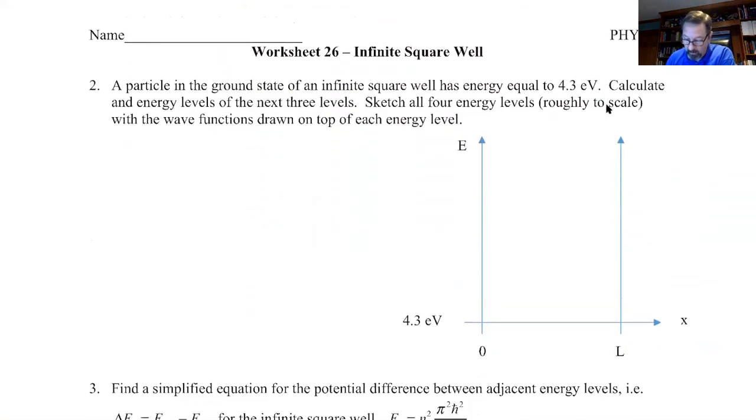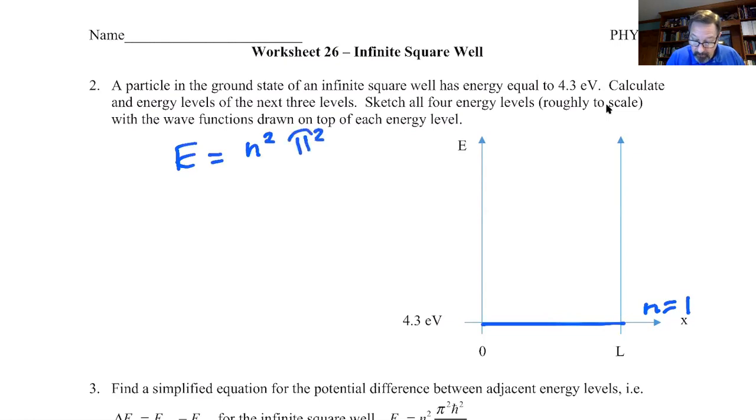Here I've drawn the well, and I've said, let's say that that is the energy for the n equals 1 state, okay? And remember what the energy is for these various states. Let's see if I can wing it by memory here, which is always a dangerous thing. There was an n squared out front, right?